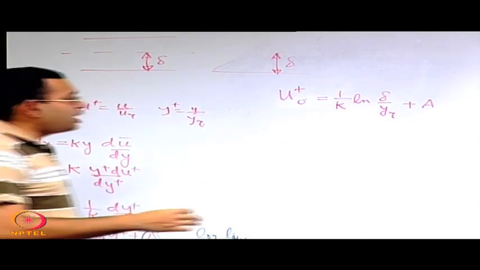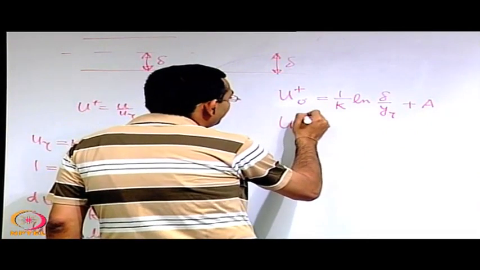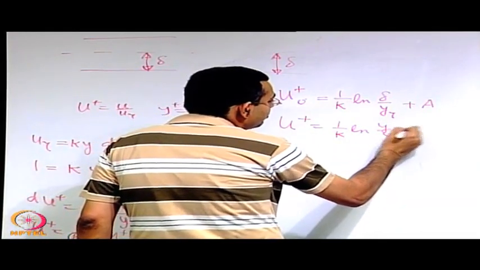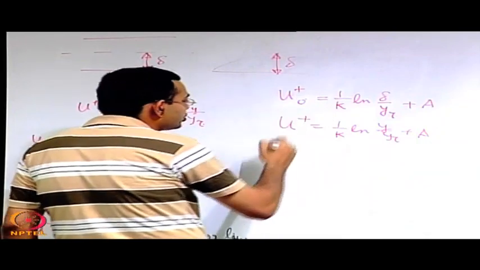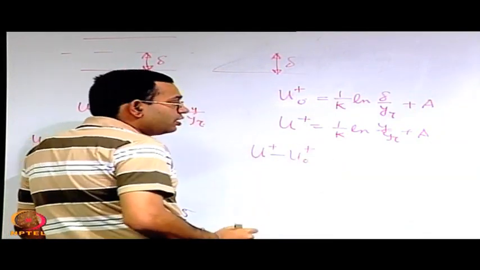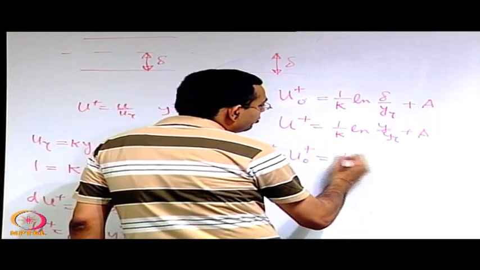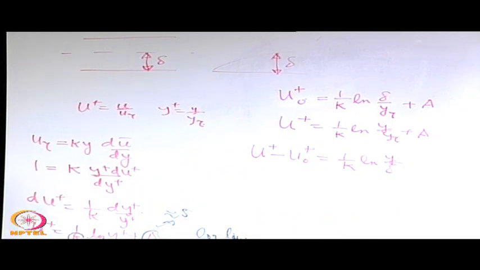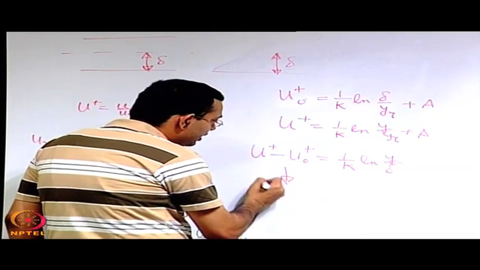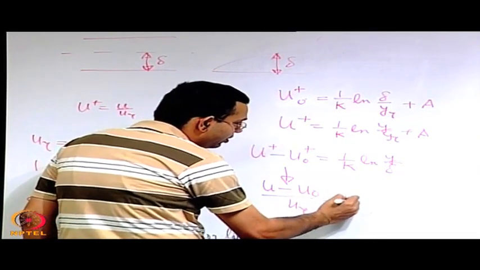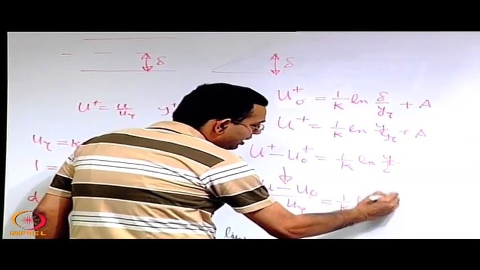and at any other y you have u plus is equal to 1 by k ln y by y tau plus a. So, if you subtract these two, you will get u plus minus u outer plus is equal to 1 by k ln y by delta. So, that means you can write this in the dimensional form as u minus u0 by u tau is equal to 1 by k ln y by delta.